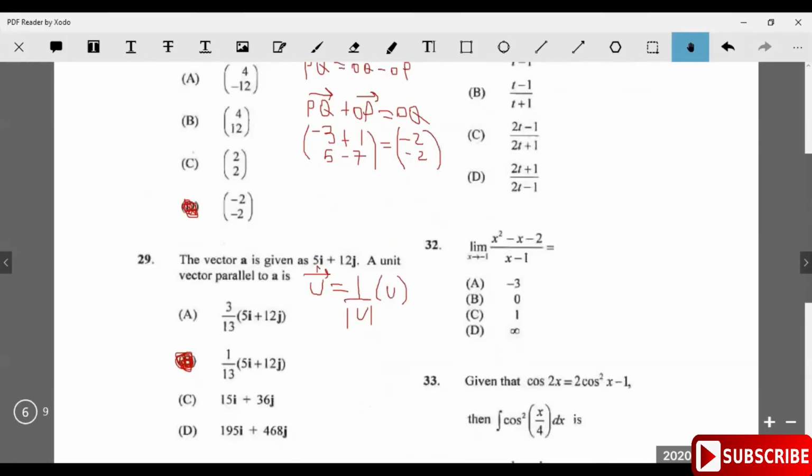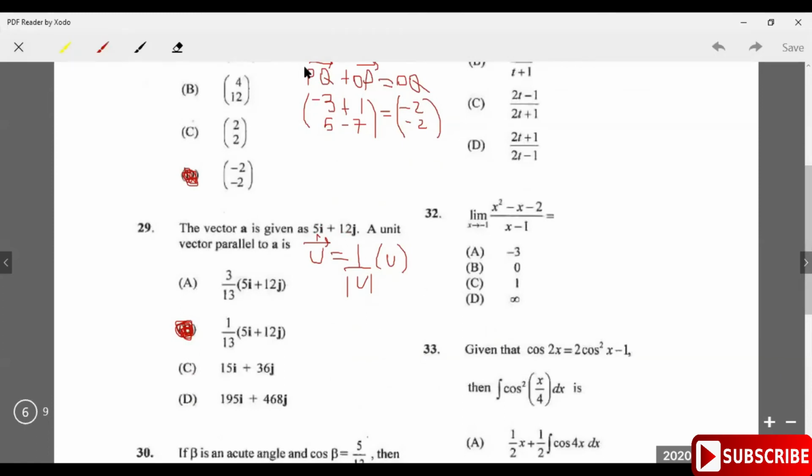Now question 32. Question 32 may seem a little tricky, but it's quite simple. It says find the limit of this rational function. All you're going to do is put in directly -1 in this function, and you're going to get -1 squared minus 1 plus 1.